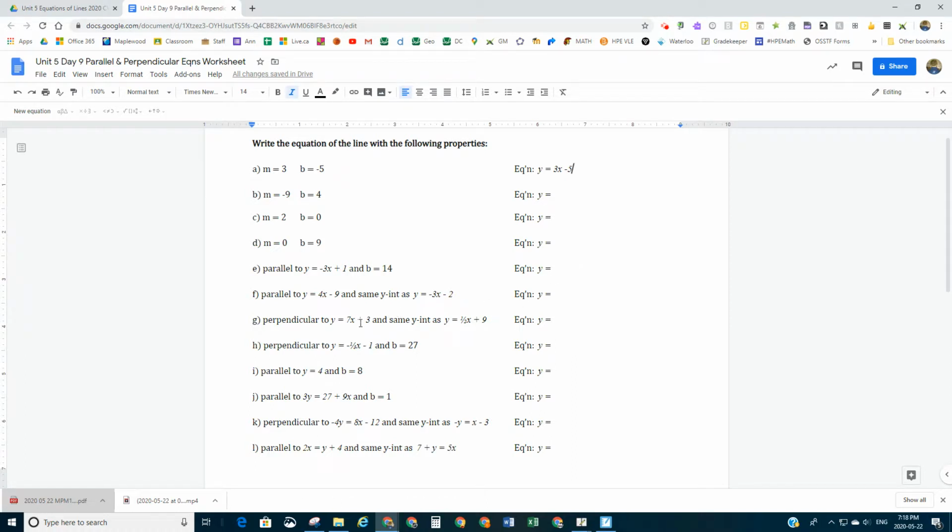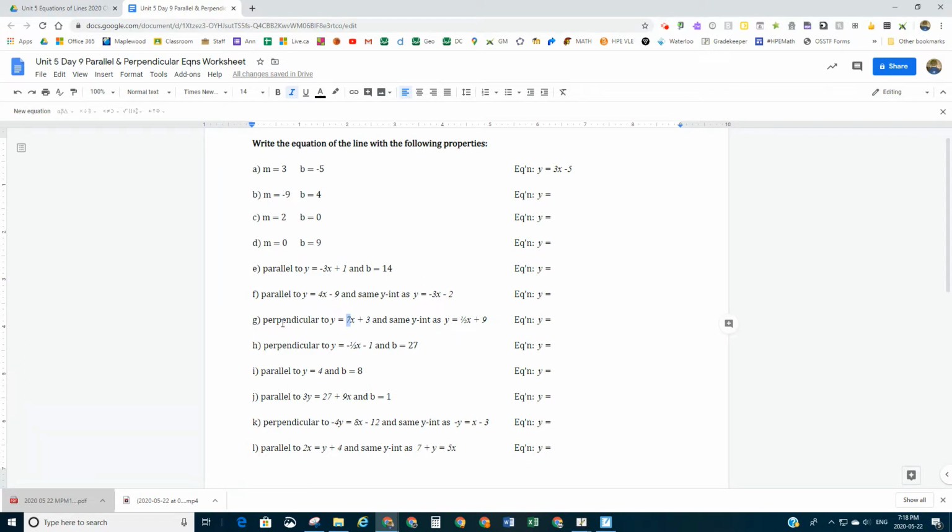I'm going to do g with you. It's y equals 7x plus 3. It's perpendicular to that and the same y-intercept as that. So first let's go and look at this guy. We need the slope from this. So right here is the slope. It's 7. So maybe on a scrap piece of paper, I'm going to write 7 over 1. Mine is perpendicular.